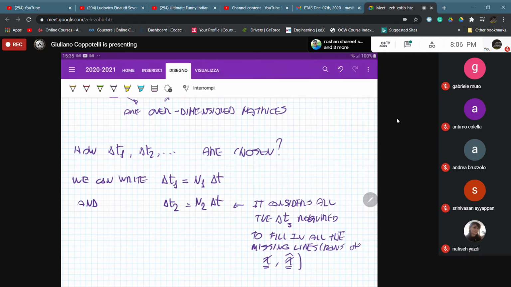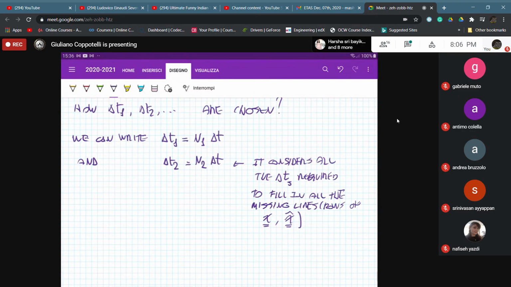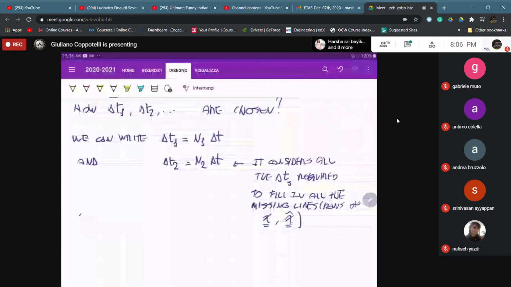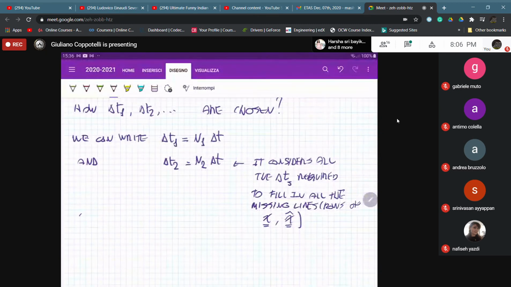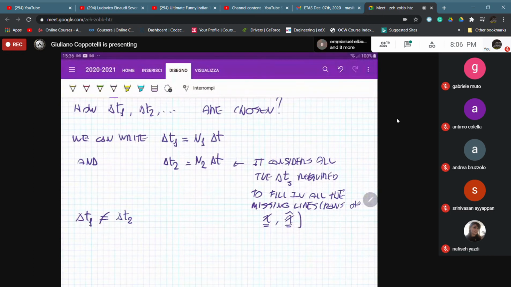So delta T2 includes all the time shifts required to solve the other problem. Of course, what we should have is that the delta T1 and the set of delta T2 time shifts should be different from each other to reduce the identification issues.